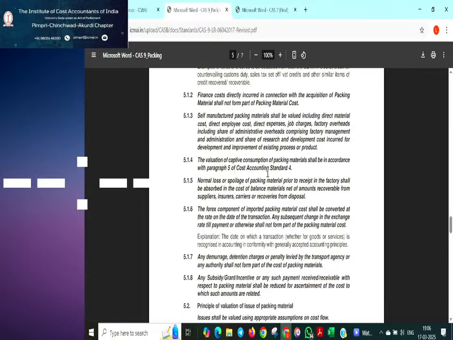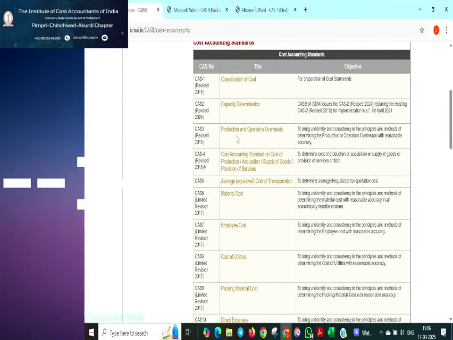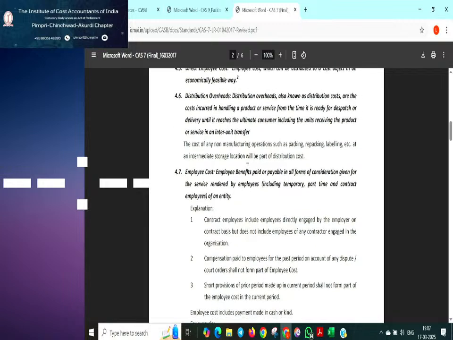When the valuation of captive consumption of packing material happens, it will be according to Cost Accounting Standard 4. So Cost Accounting Standard 4 talks about captive consumption, transfer pricing and so on. If you see here, Cost Accounting Standard on cost of production, acquisition, supply of goods, provision of services. First it was talking about this captive consumption, but now it has changed to this particular title.